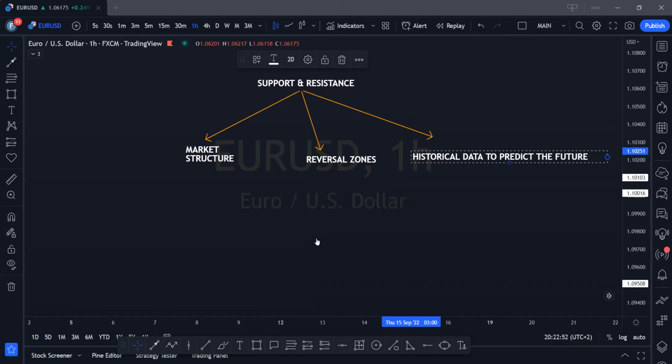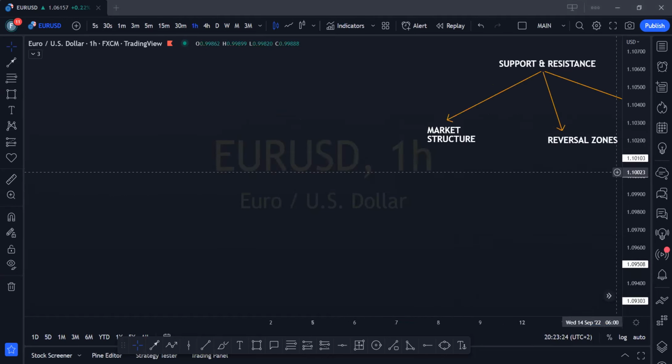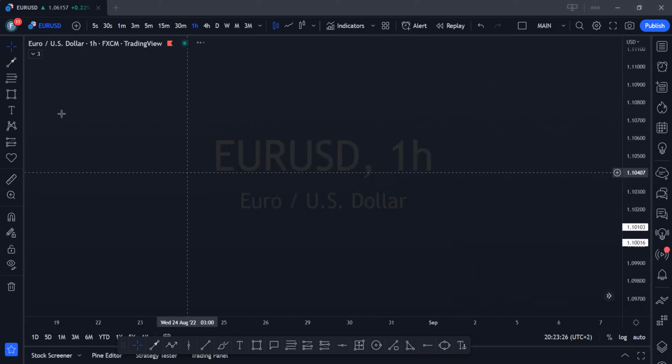So if they are to contest again in 2023 elections, because of their track record, historical data, we most likely know exactly what to expect in the future if we vote them in. All right, so that's the whole ideology behind support and resistance. So let's go straight into explaining what each of them is all about. What is support and then what is resistance?